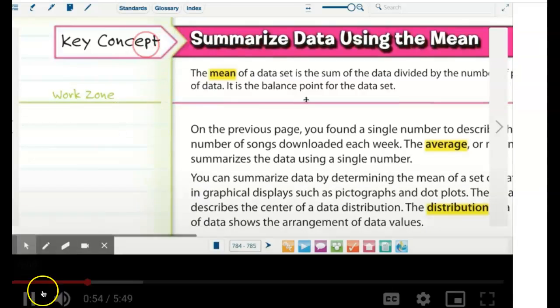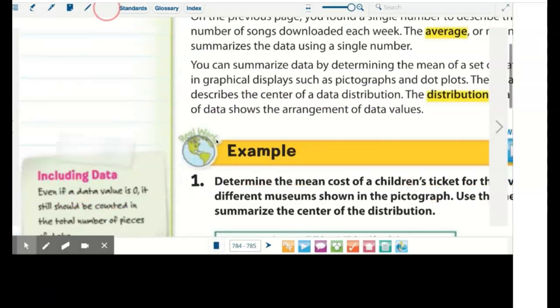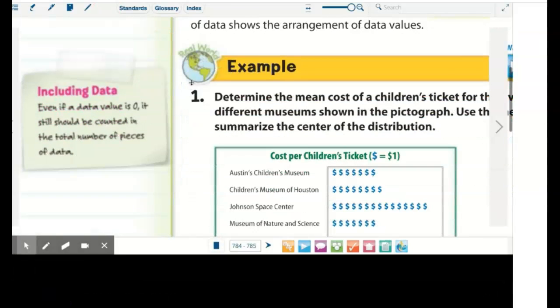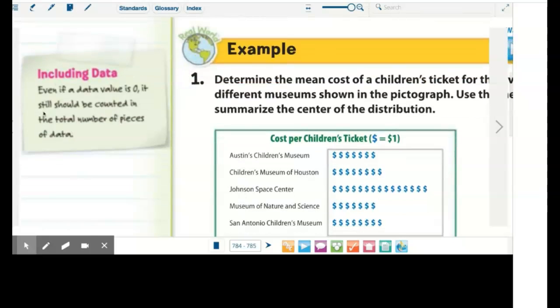Okay, now that being said, if you think about this as grades, when I include data in your grade average, if you get a 0 on something, that doesn't mean it doesn't count for anything. That one piece of data had no value, but it still counted in the total number of pieces of data.